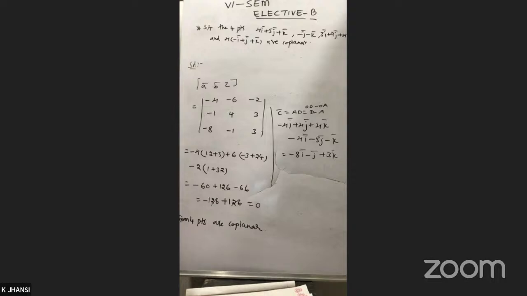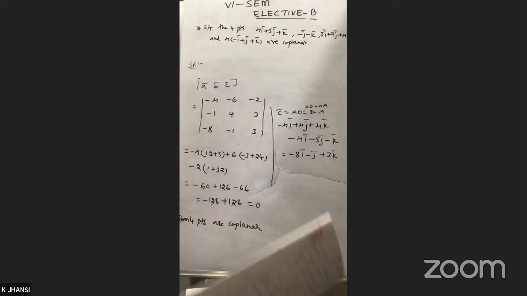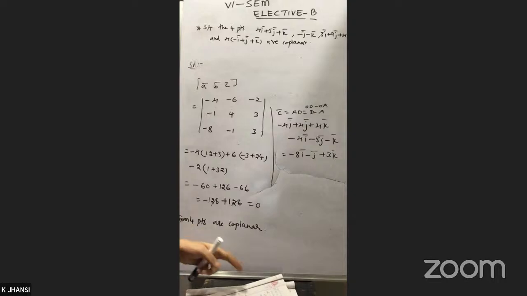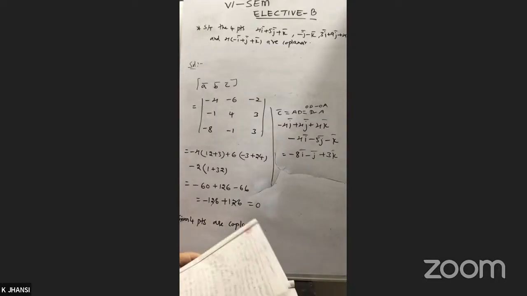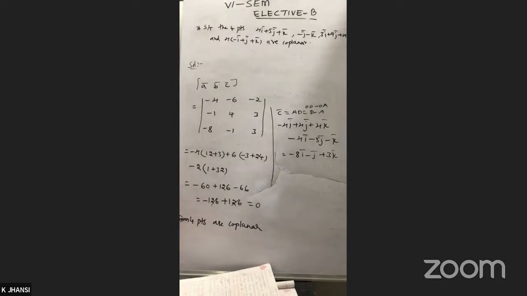Even on collinear vectors there are problems. This is the MBQ question you have. Next is MBQ question 4, to show that the given points are collinear.